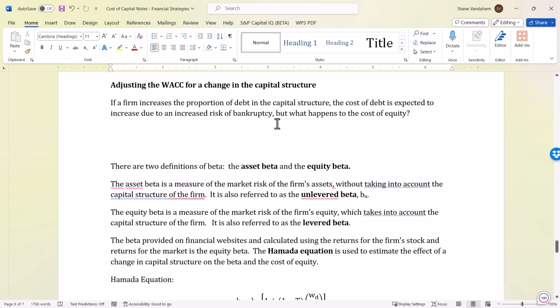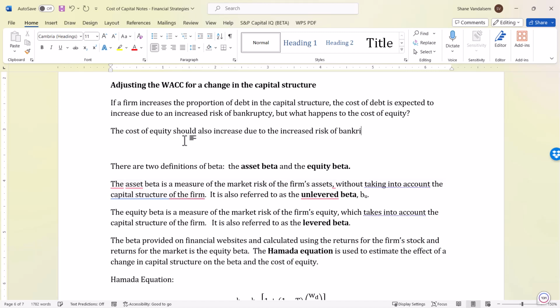If a firm increases the proportion of debt in the capital structure, the cost of debt is expected to increase due to an increased cost of bankruptcy. But what happens to the cost of equity? Well, the cost of equity should also increase due to the increased risk of bankruptcy.